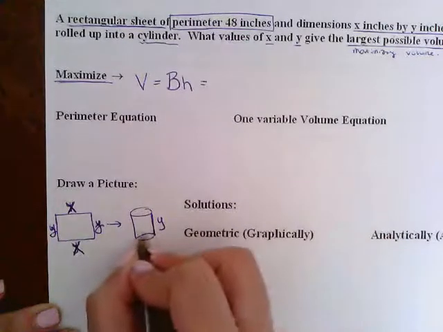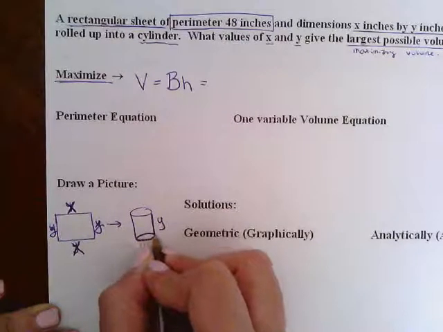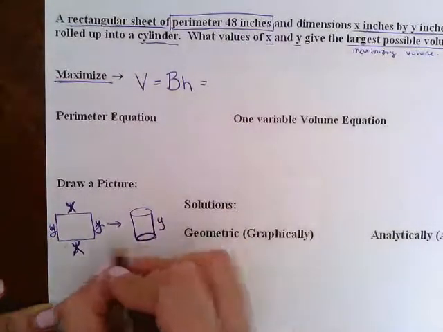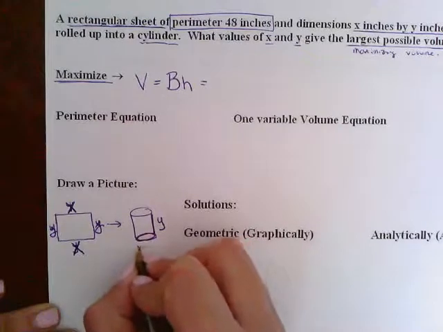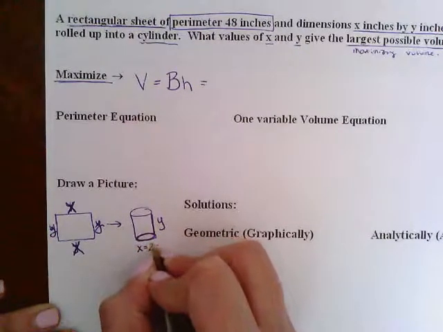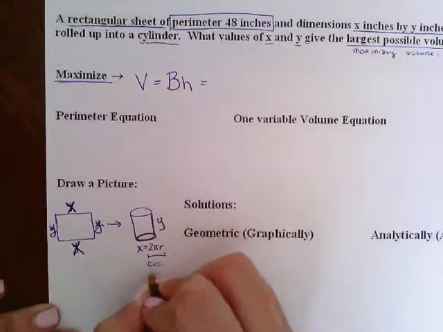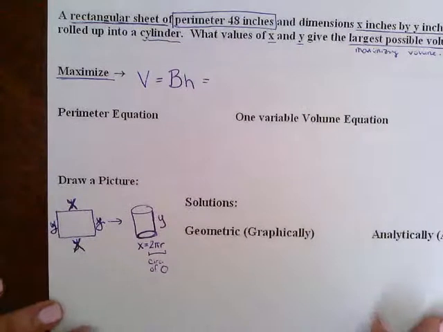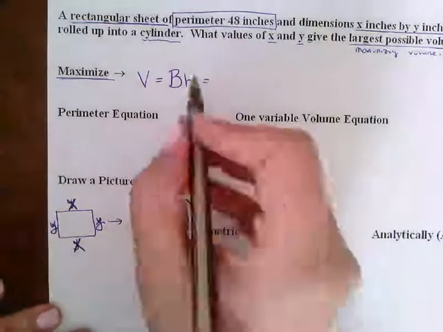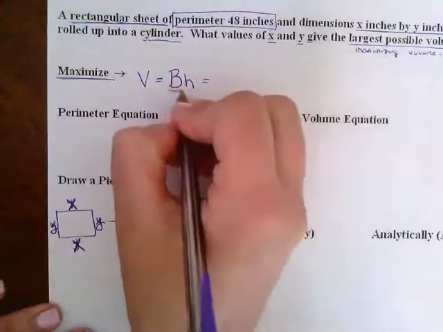And now your x is a circle, right? So this top portion ends up being a circle. So x ends up being equal to 2 pi r, which is the circumference of a circle. Let's keep that in mind, because we have to come back to this.